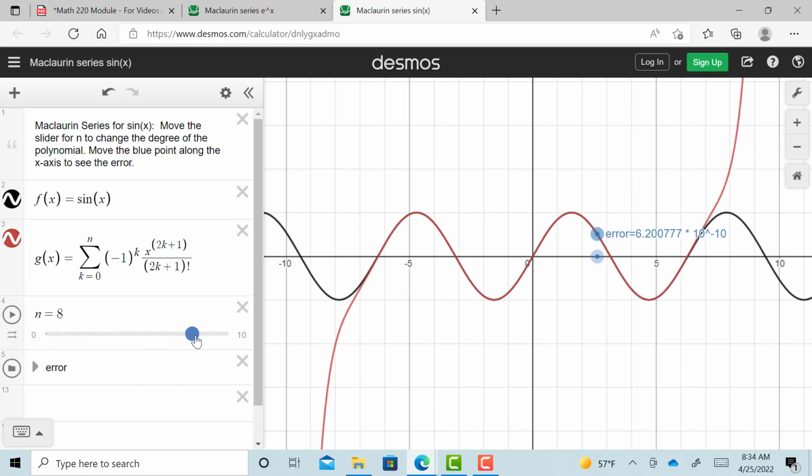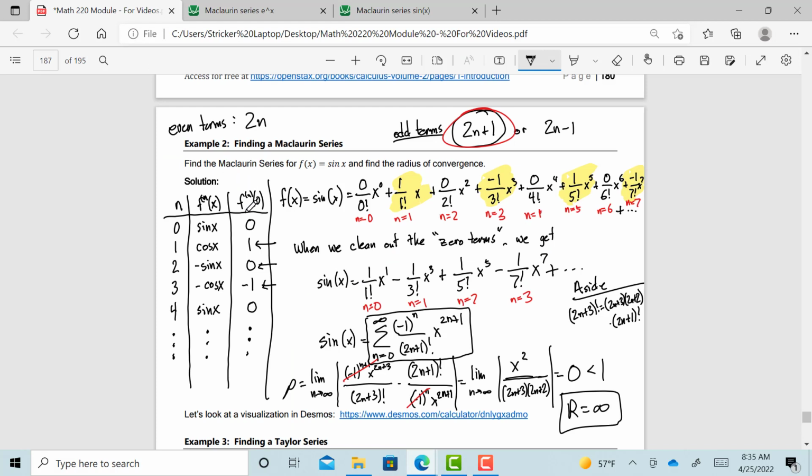The more terms we go out, the closer the red curve gets to the black curve, and if we had an infinite number of terms, it would be exactly equal to the sine curve. So that's the idea with the Maclaurin series, and that's going to end this video.